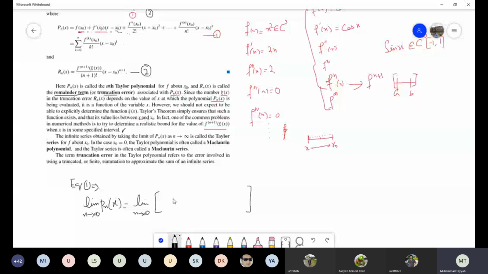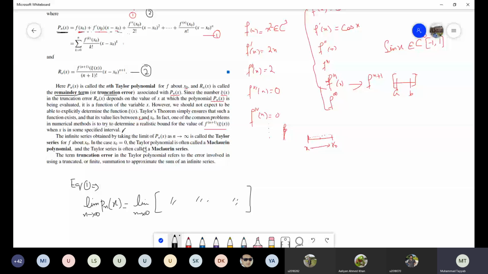Up to here it is the Taylor polynomial, but the infinite series obtained by taking the limit, whenever you apply the limit, will be called the Taylor series for f about the point x naught. In case this x naught is equal to 0, then the Taylor polynomial becomes the Maclaurin polynomial, and the Taylor series is often called the Maclaurin series.